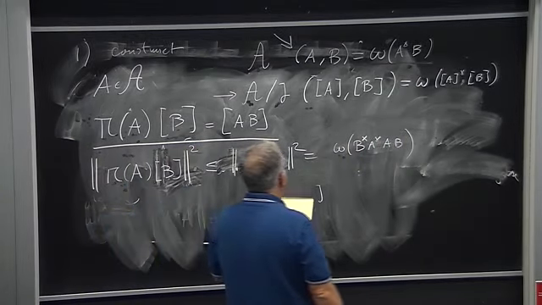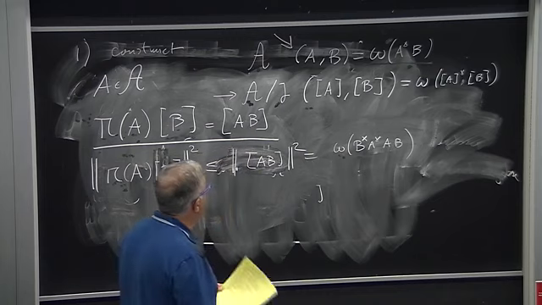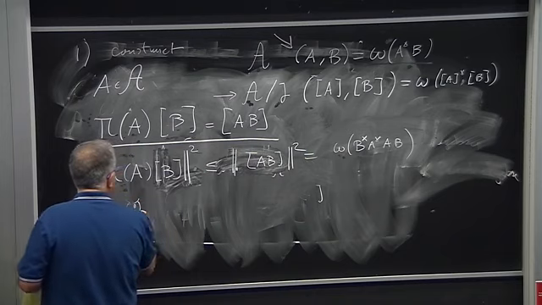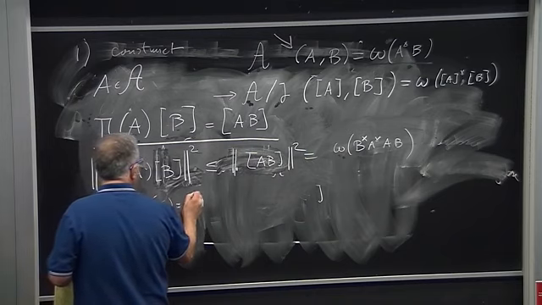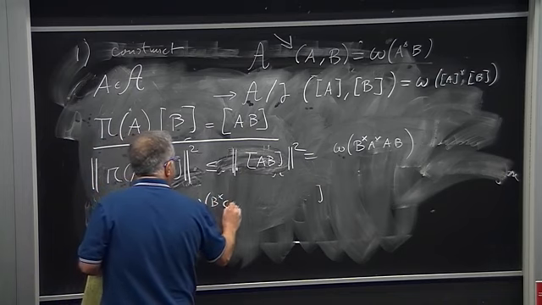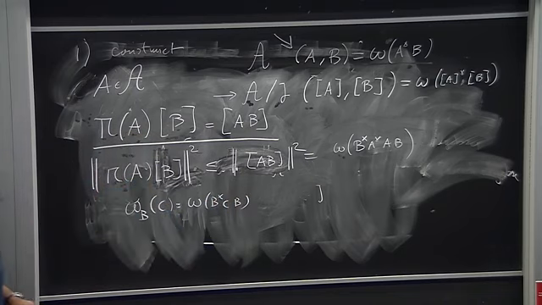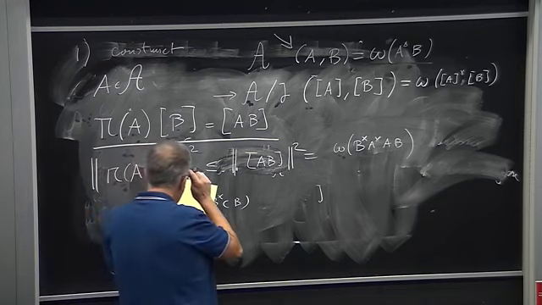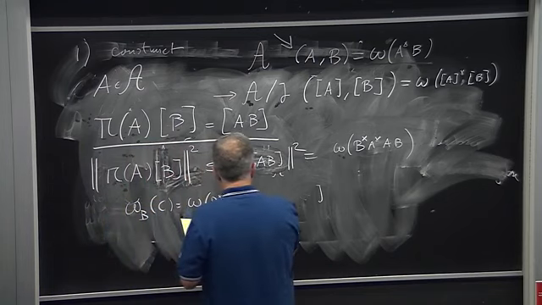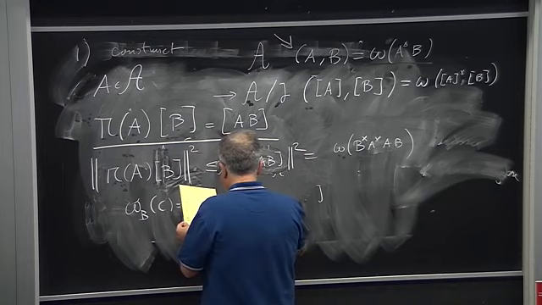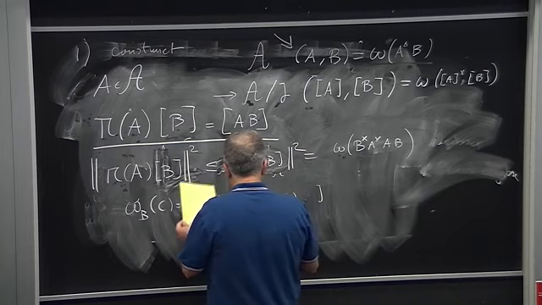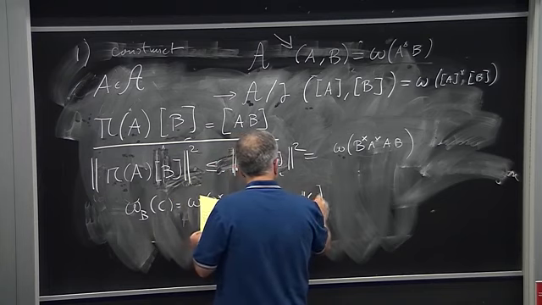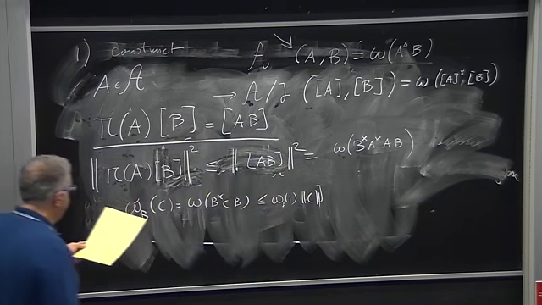So the point here, there is a small technical passage that consists in defining an auxiliary state, omega B of C equal to omega of B star C B. This is also a positive linear functional on the algebra, and as such it satisfies the inequality.